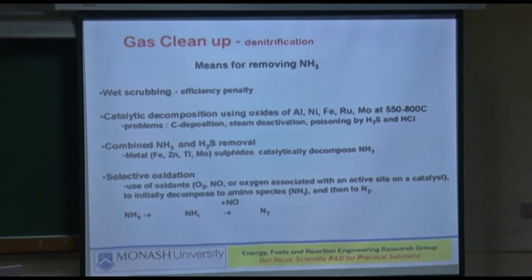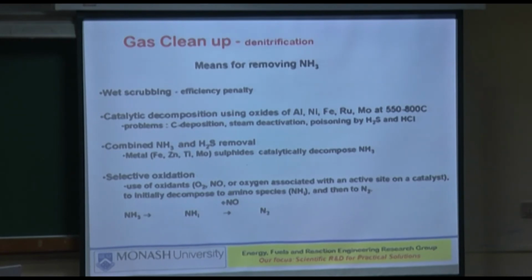And so the means for removing ammonia is obviously waste cooling, the condensing out, but that comes at an efficiency penalty. Catalytic decomposition using oxides of these compounds at 550 and 800.